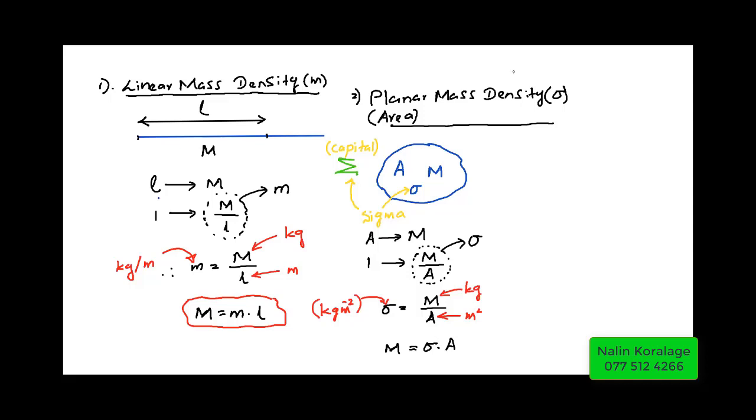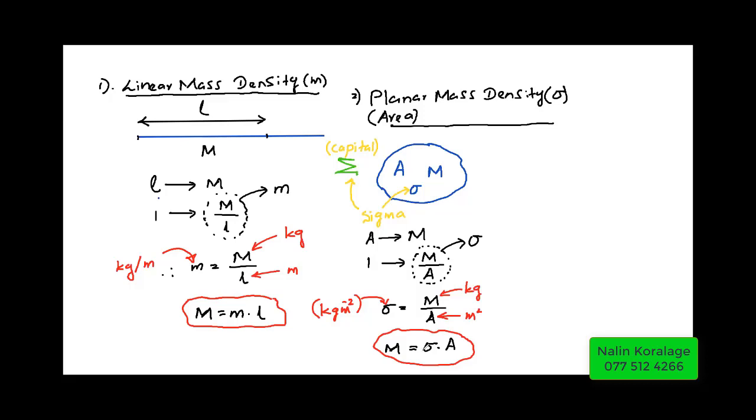Like I explained last time regarding linear mass density, again here the total price of the mangoes is equal to one mango's price multiplied by the number of mangoes. That's the idea. Here sigma means per unit cross-sectional area or just per unit area, probably surface area, right? It can be either surface area or cross-sectional area.